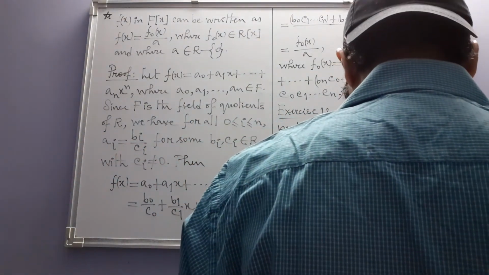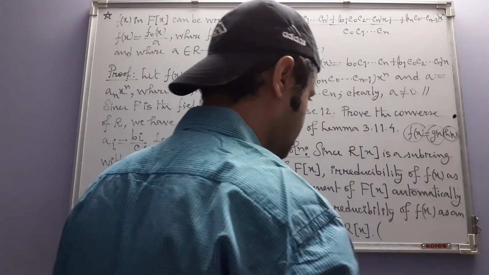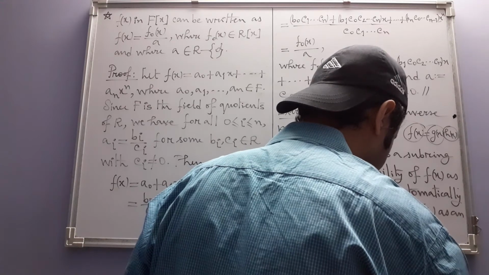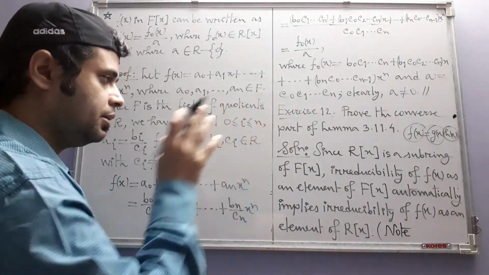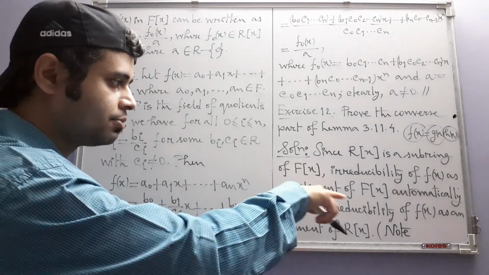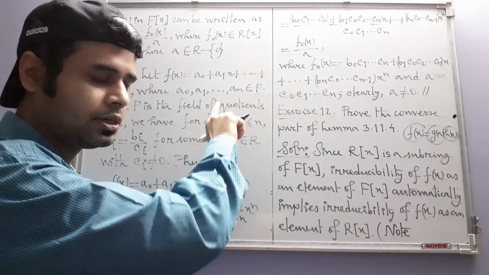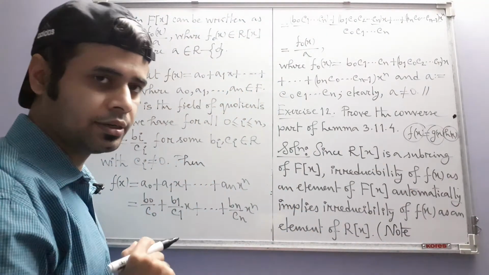And there is something to note here. In the original statement of this lemma, we need primitivity of the polynomial to prove the part that is converse to this one, that is the original one. However, in this converse part, we don't need that primitivity.